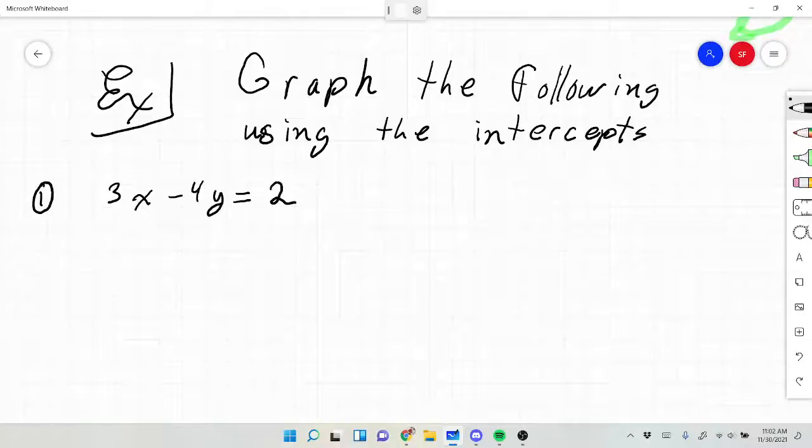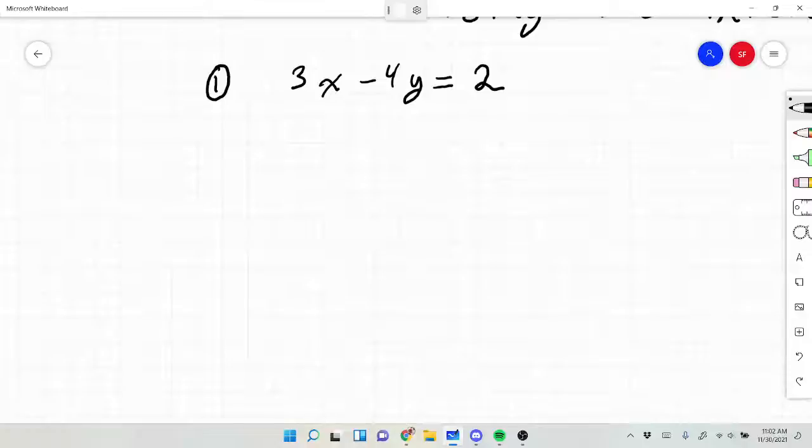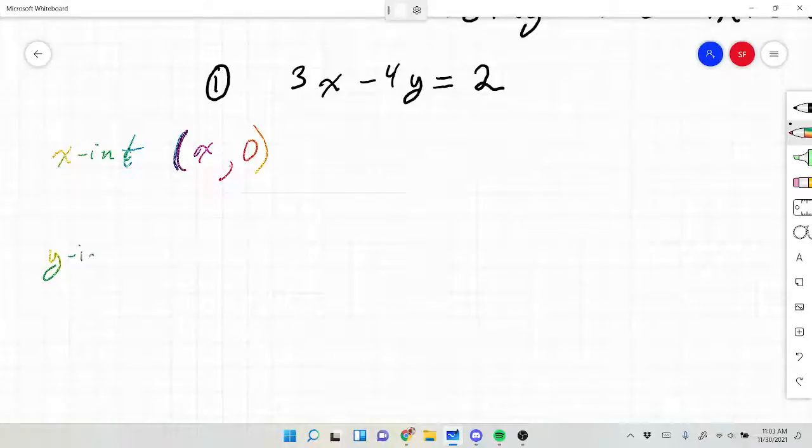Okay, so we're going to do a problem within a problem here, because we haven't thought through how to find the intercepts from an equation yet. We already said that the x-intercept is going to be (x, 0), some number, right? And we said that the y-intercept is going to be (0, y), right? We know that much.